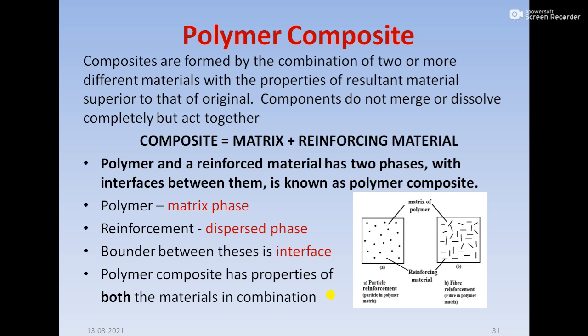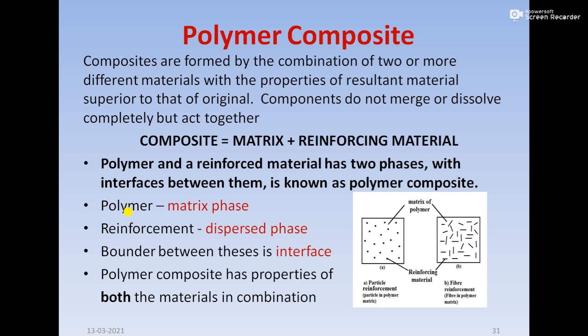Then polymer and reinforced material has two phases. One is the matrix phase and second is the reinforced, that is the dispersed phase. So matrix phase plus dispersed phase is called a composite. What is the matrix phase? The matrix phase is a polymer material that may be thermoplastic or thermosetting.